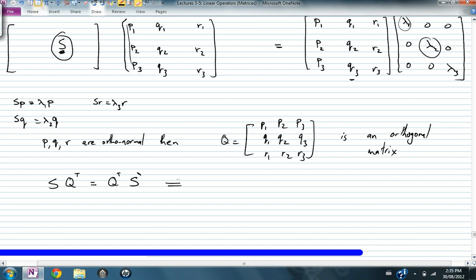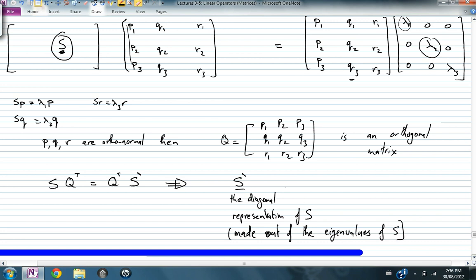Now, since Q is an orthogonal matrix, the inverse of Q is equal to Q transpose, which means that S prime, which is the diagonal representation of S, and it's made out of the eigenvalues of S, can be written as a matrix Q multiplied by the original S multiplied by Q transpose, where Q is a matrix of the eigenvectors of S.